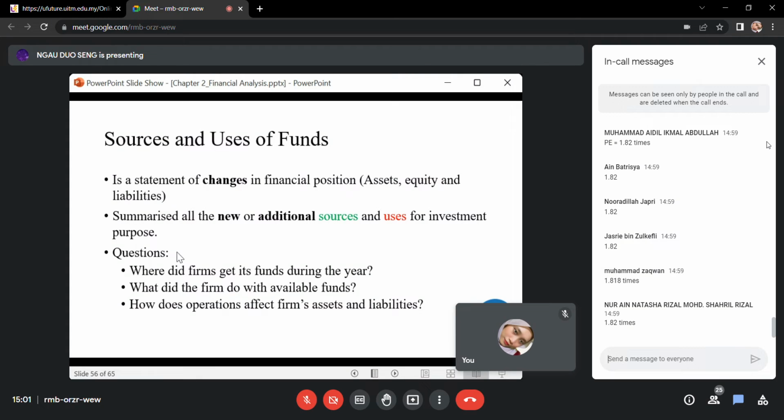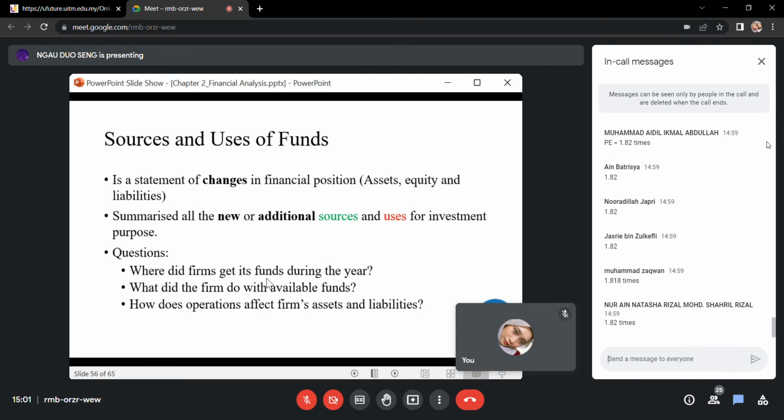So it summarizes all the new or additional sources and uses for investment purpose. So question, where did the firm get its fund during the year? Meaning, where does the money come from? Because the company will be running.